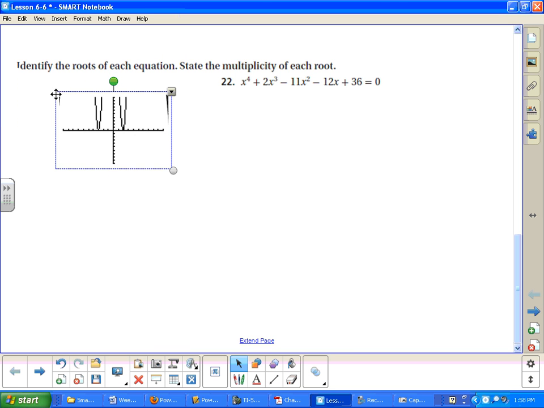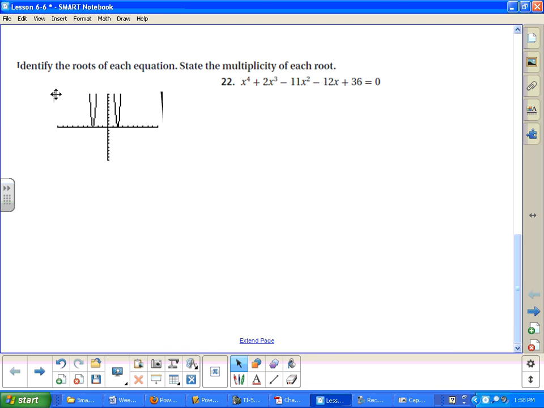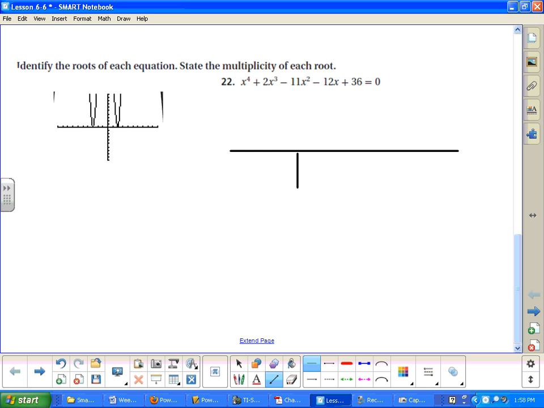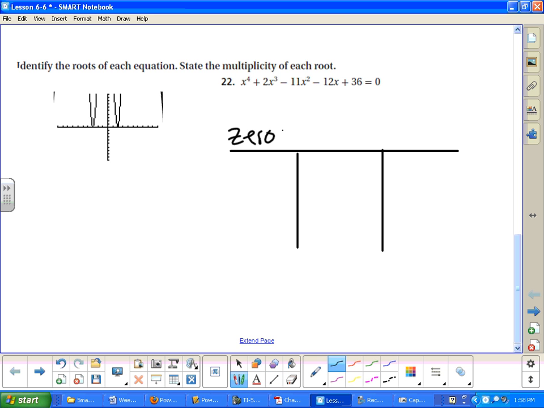All right. So we make our little table. So we've got the zeros. What does the graph do? And so therefore, what's the multiplicity?